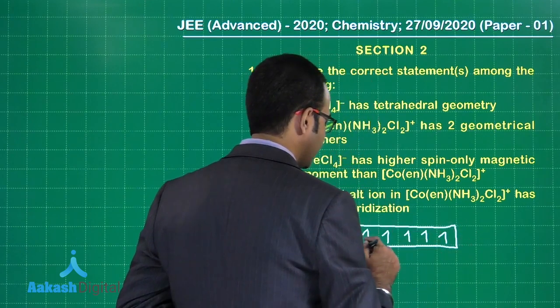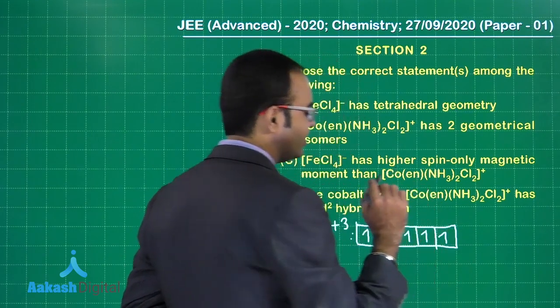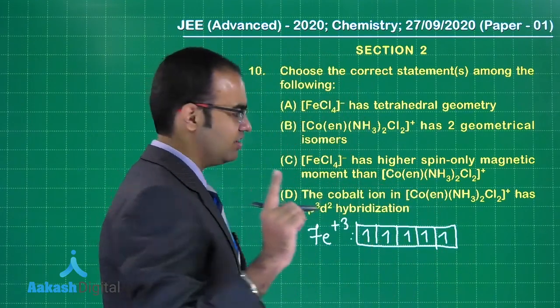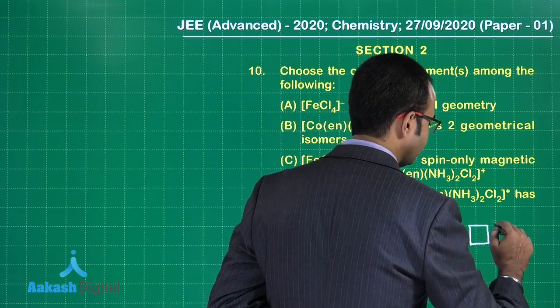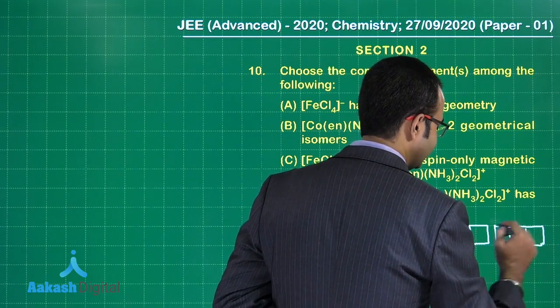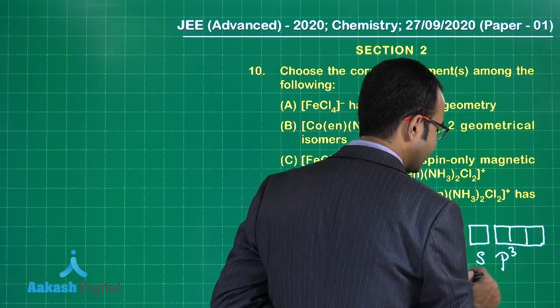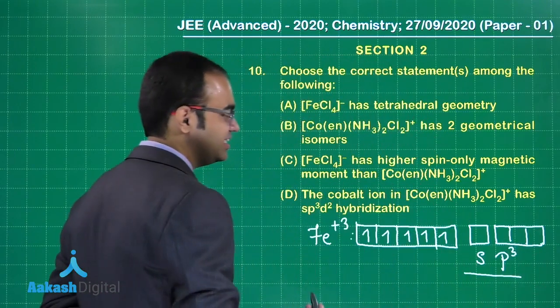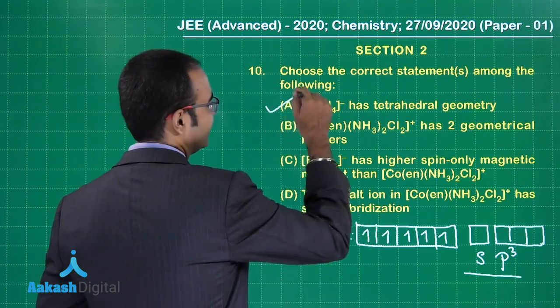As they remain unpaired, you are left with the s and p orbitals, right? So this s and p orbital will undergo hybridization and you will have sp3 hybridization. So this will be tetrahedral. So option 1 is correct, guys.